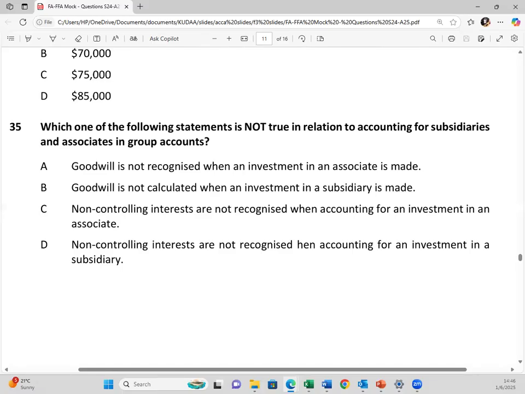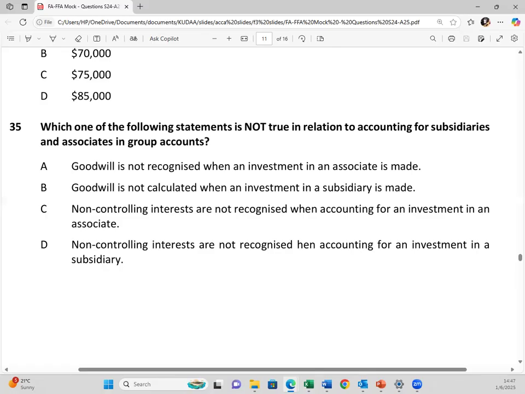So the question asks which is true regarding the accounting treatment. When we buy or invest in a subsidiary, we calculate goodwill. If we invest in an associate, we don't calculate goodwill. If you make an investment in an associate, there is no need for a goodwill calculation. Goodwill is not recognized when you invest.